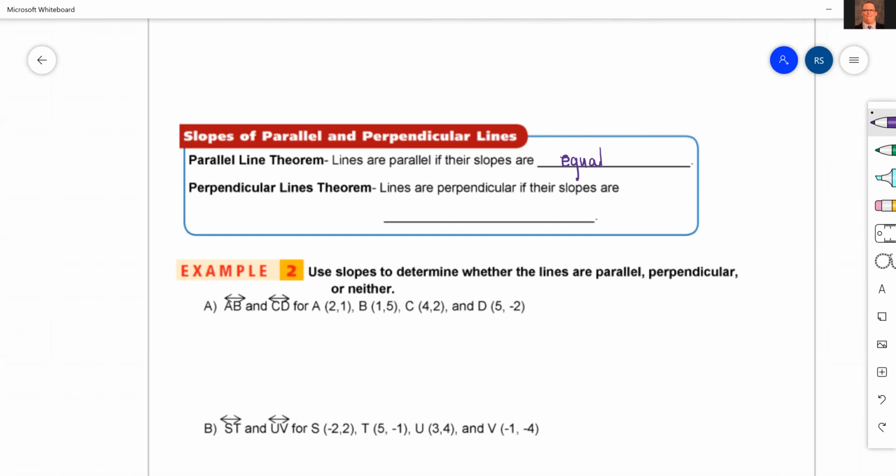So if you have two lines and the slope was like 1/4 for one line and 1/4 for the other, those are parallel. Perpendicular lines have slopes that are inverse reciprocals.